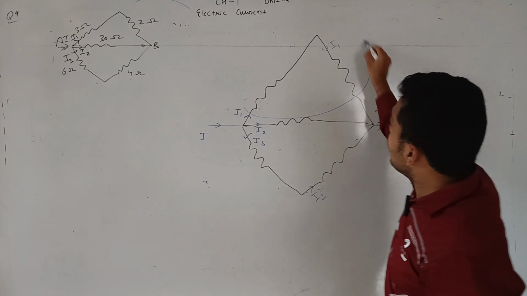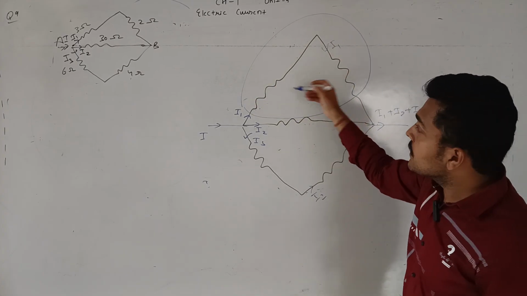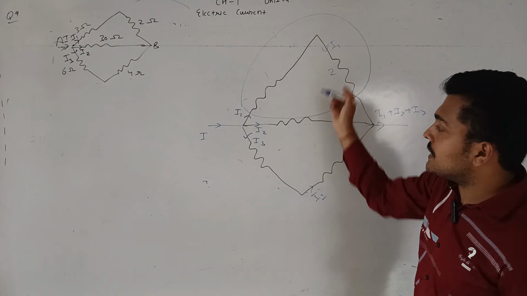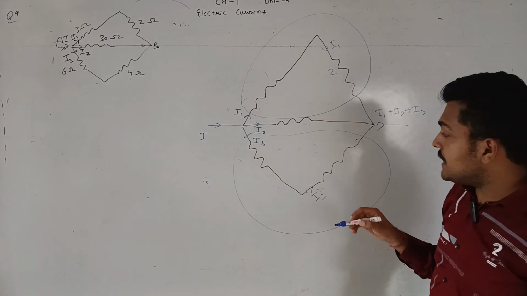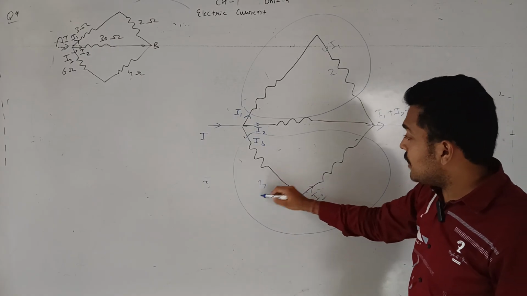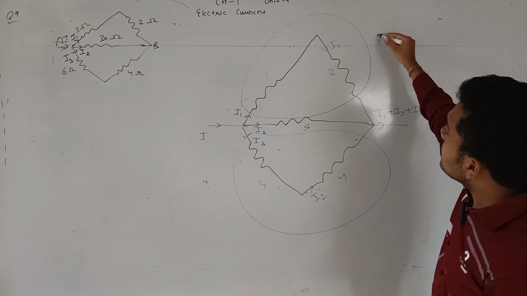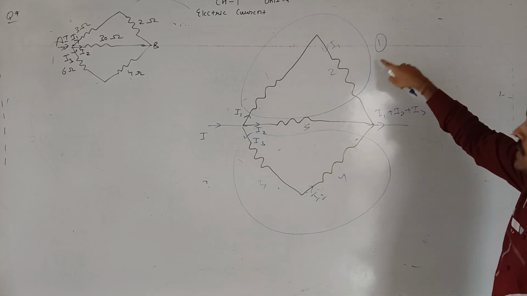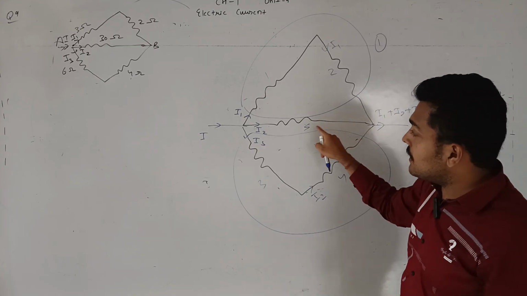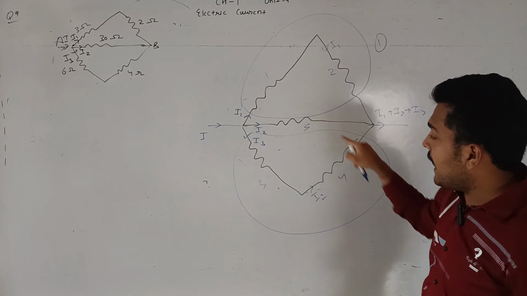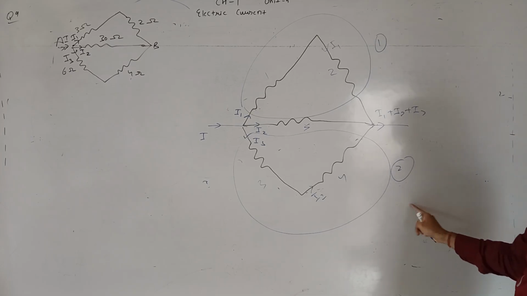It means this whole network is in series with each other, means 1 and 2 are in series with each other. Similarly, 3 and 4 are in series, and the equivalent of network 1 is in parallel with 5 and the equivalent of network 2.